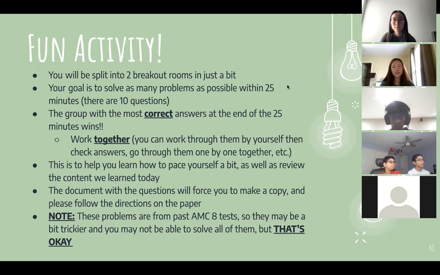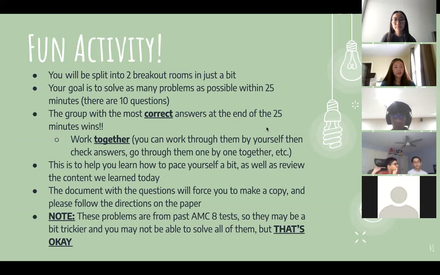So make sure you don't just solve it and then have your own answers, then come back to the main room. We're going to put a link to the document in a second. Just to note, these questions are from past AMC8 tests, so they might be a little bit trickier than what we've done so far, but that's why you have a group, and if you can't solve it all, that's also okay.